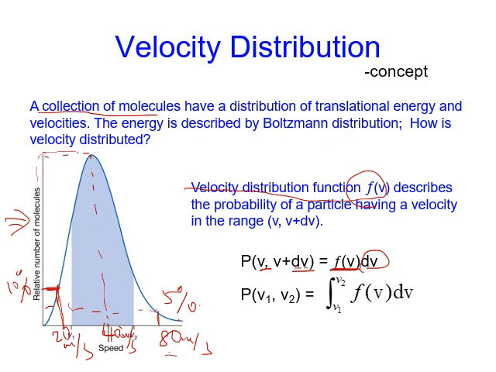So from v1 to v2, the probability of a molecule having a velocity from v1 to v2 is the integration of this velocity distribution dv from v1 to v2. The most important thing we need to know is this velocity distribution. If we know this, then we can calculate the probability, the speed, the force, momentum, and the pressure.